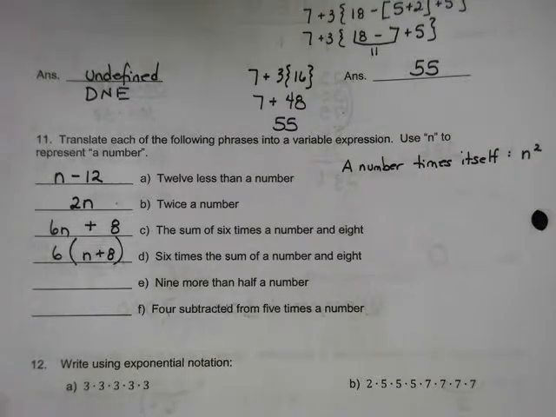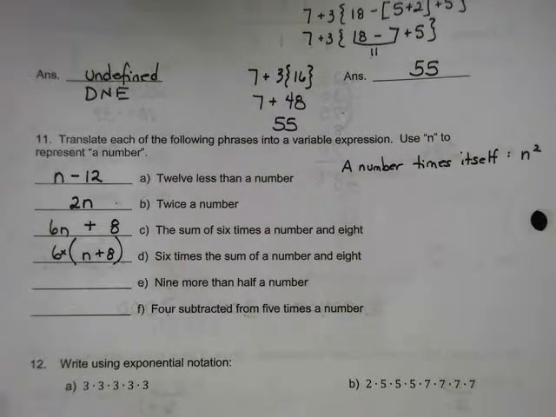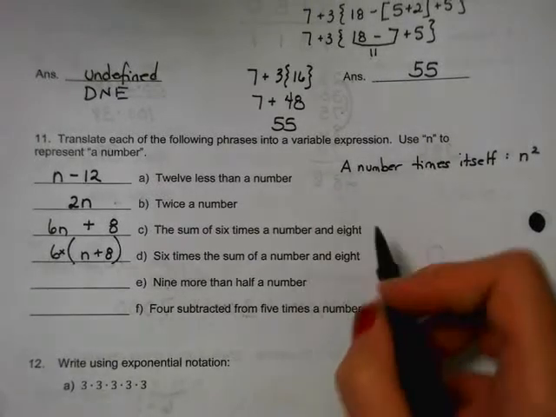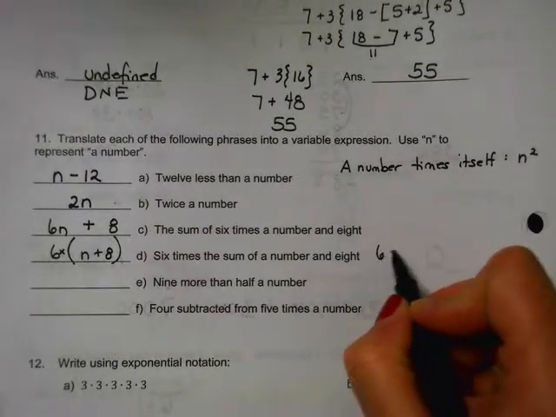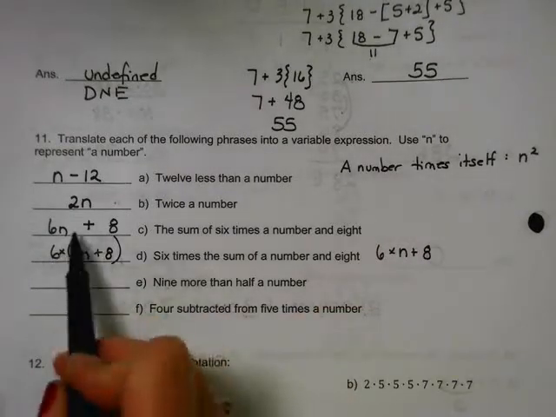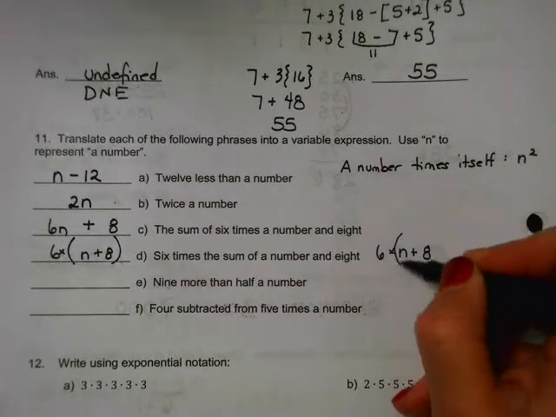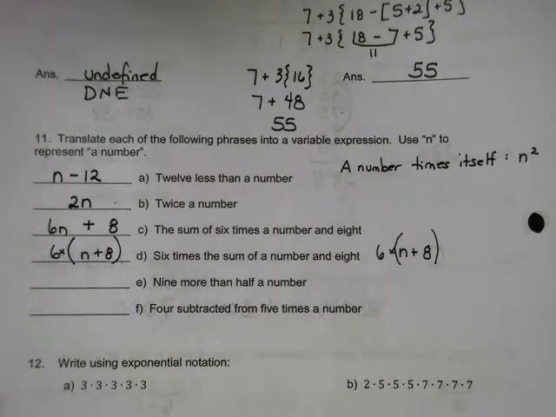You can also do 6 times and then n plus 8. Yeah, as long as you have the parentheses. Do you see why the parentheses are important? Because if you put this, it's the same thing as that, because you would multiply first. So you need to tell the viewer, first we're going to sum those, and then we're going to take 6 times it.